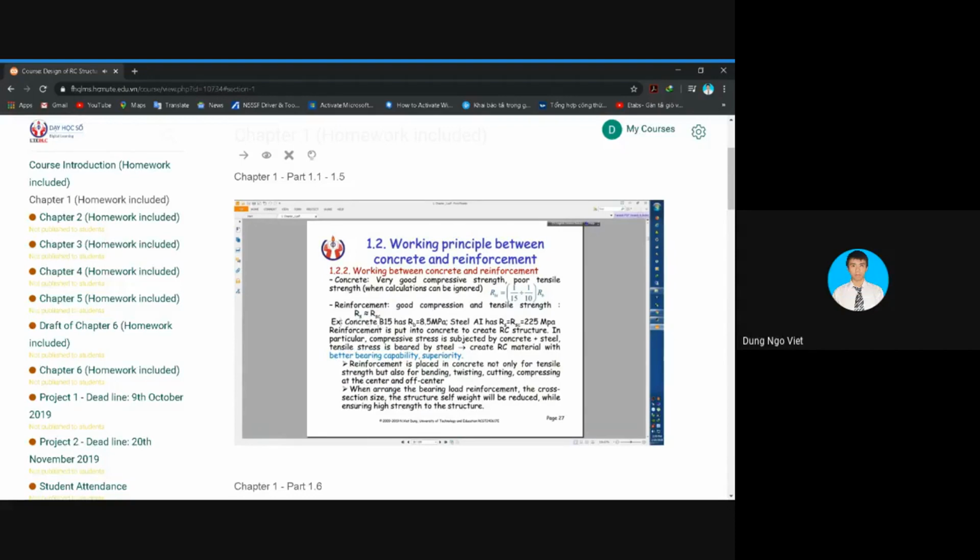The concrete B15 has the compressive strength about 8.5 megapascal, and for the steel A1, it has the tensile strength and compressive strength about 225 megapascal. However, steel is an expensive material.